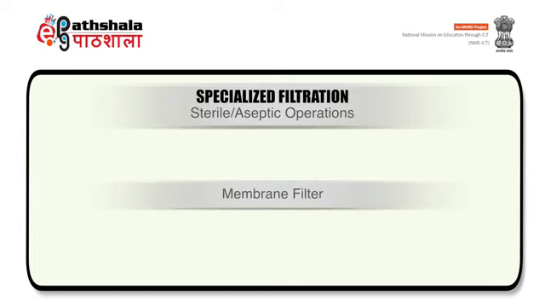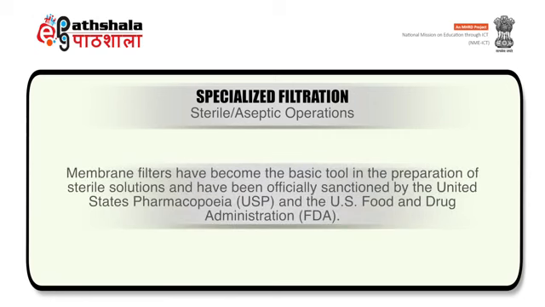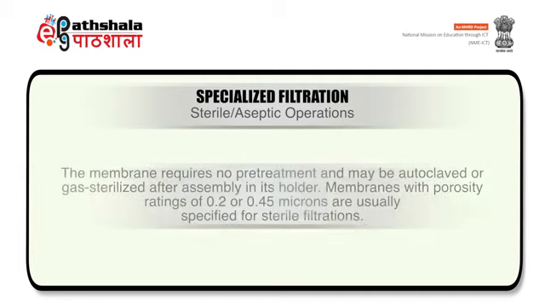Now at present we are using membrane filters. Membrane filters have become a basic tool in sterile filtration. They have been officially approved by USP and US FDA. For membrane filters, no pre-treatment is required. They can be sterilized by autoclave or can be gas sterilized. The recommended porosity of membrane filter is 0.2 or 0.45 micron for sterile filtration.